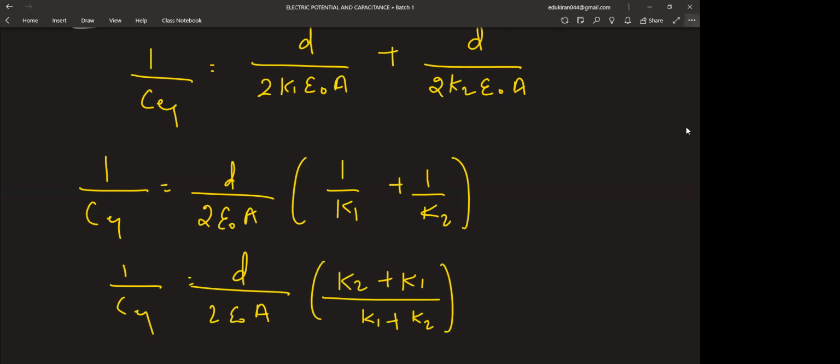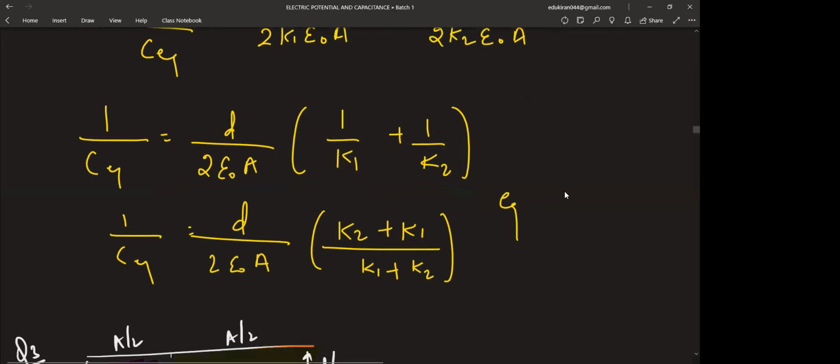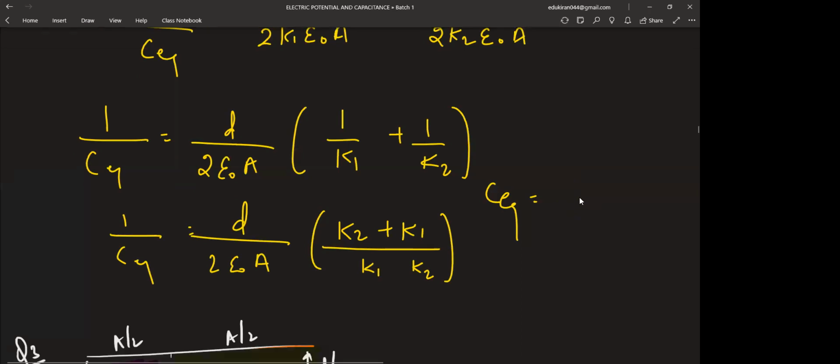So what is C equivalent? K1, sorry, this is multiplied. So our final C equivalent will be K1 into K2 by D by 2 epsilon naught A into K1 plus K2.